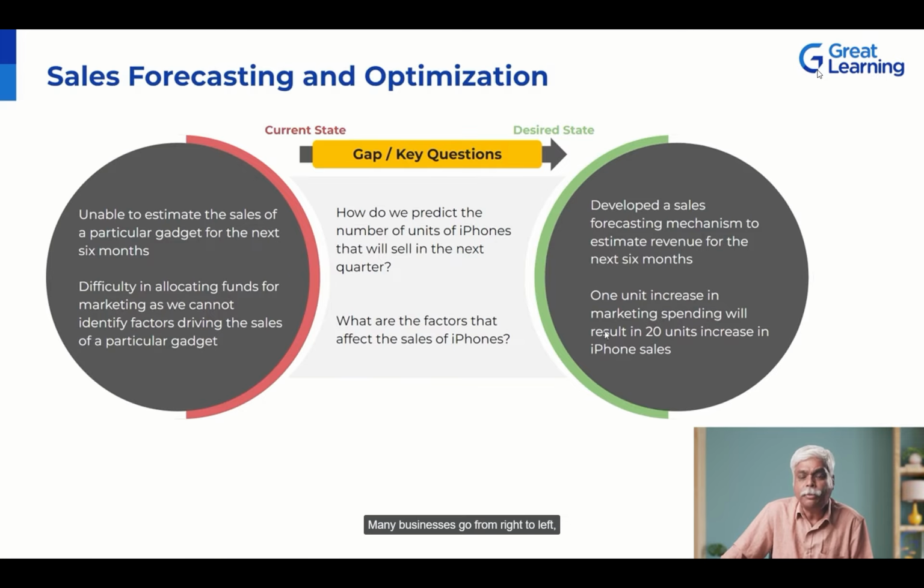Many businesses go from right to left, which means they say, if this is the desired state, what data and how much time and expenditure do I need to spend on the analytics and on the model building exercise so that I can get away from my current state? Either way is okay and depends on the style of the organization and the way data management is executed within it. But within a single kind of modeling, both of these kinds of problems can be solved.